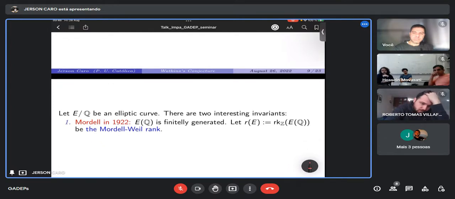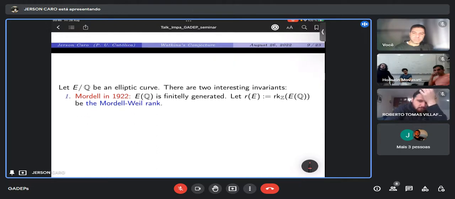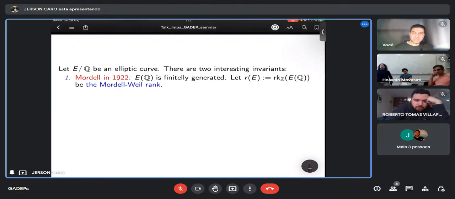The thing is that over this kind of elliptic curves, we have two interesting invariants. The first one is the Mordell-Weil rank. What is the Mordell-Weil rank? Mordell in 1922 proved that the group of rational points of the elliptic curve is a finitely generated group, and also abelian.